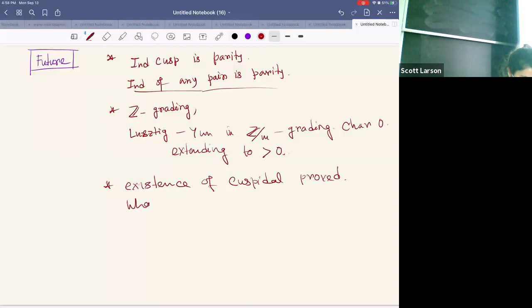What about uniqueness? I don't know much about any of this, but these can be some future directions. Okay, so I will stop here.